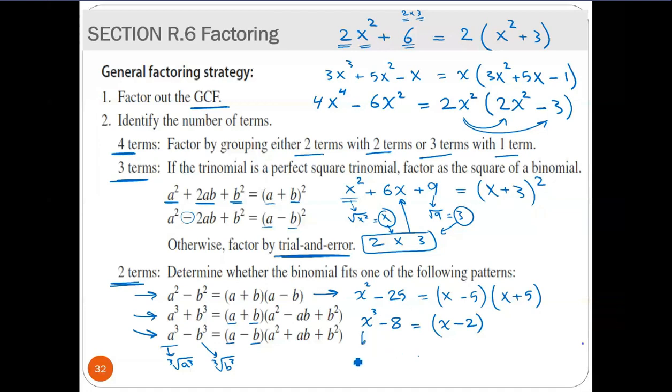So the cube root of x to the power 3 is x and of 8 equals what? 2. So put x minus 2. The second bracket, the first square x squared, plus 2 multiplied by x, this means a multiplied by b, a here, b here, 2x, plus 4, this is 2 squared, like this.